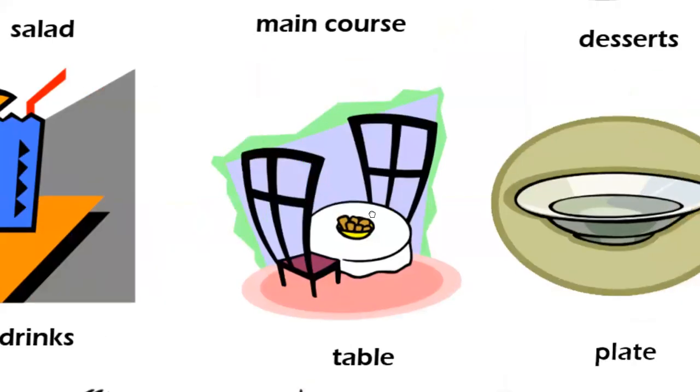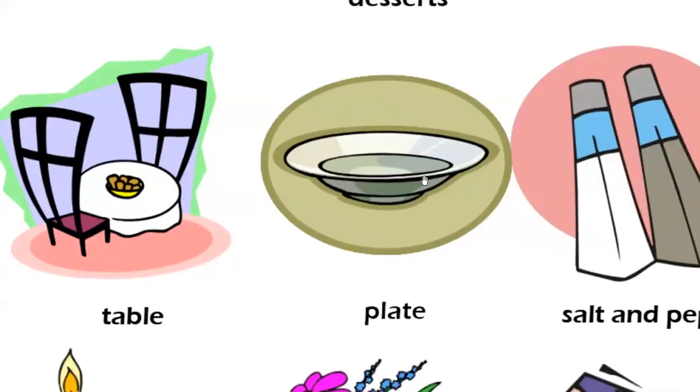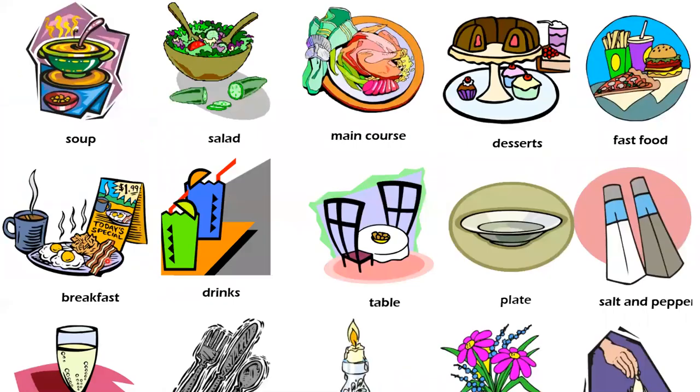Then this is the table where you put your food. On the table, we have some objects, like a plate where they serve you your food. Then also on the table, you can find salt and pepper. These are condiments so that you can give a different flavor to your food.